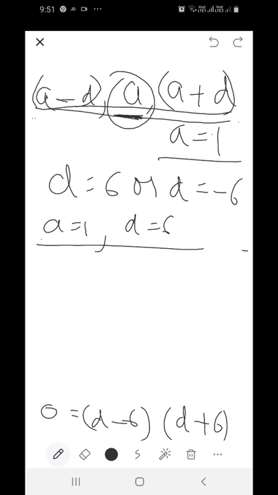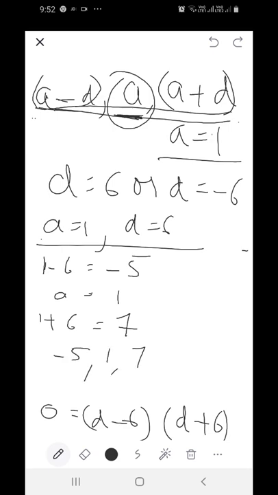So I am taking A as 1 and D as 6 and putting it in A minus D. The first number will be 1 minus 6, that comes out to be minus 5. Then your second number is A, which is 1. The third number is A plus D, that is 1 plus 6, that comes out to be 7. Now the three numbers are minus 5, 1 and 7.